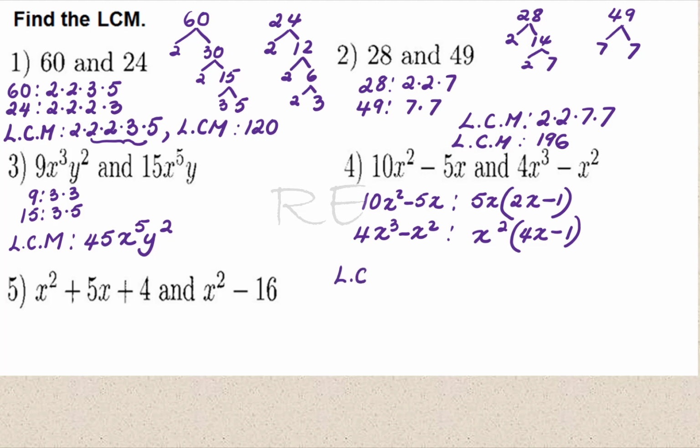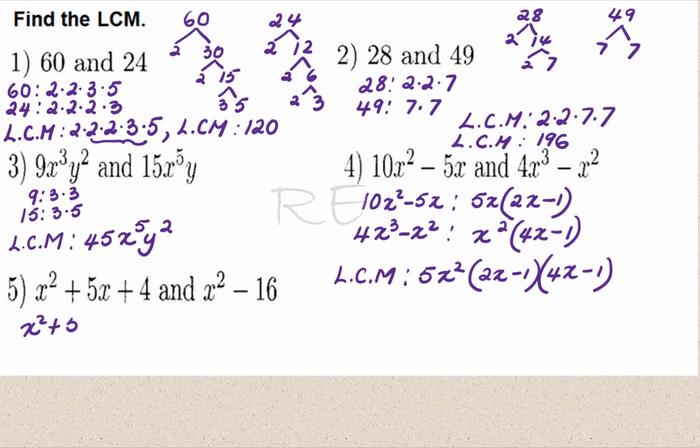Now, between 5 and 1, the LCM is 5. Between x and x squared, the LCM is x squared. And the last two, we have to multiply them together, 2x minus 1 and 4x minus 1, because they are prime.